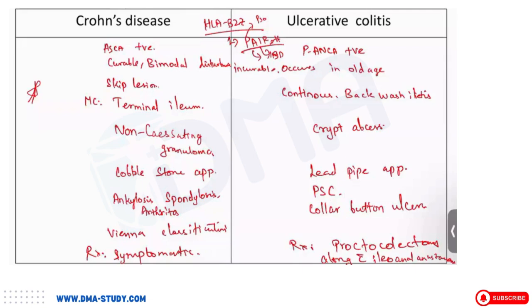Backwash ileitis: ulcerative colitis. Non-caseating granuloma: Crohn's disease. Ankylosing spondylitis association: Crohn's disease. HLA-B27 association: Crohn's disease. BRCA association: Crohn's.